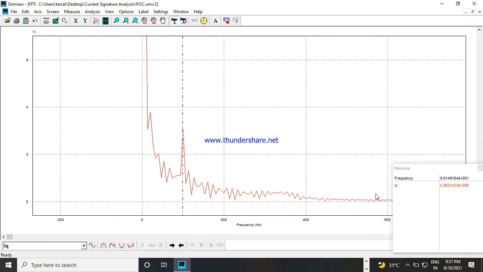But this current signature, you cannot simply take it, because if you take phase or line current, you may not be able to see that. You have to first split the phase or line current to get the torque producing component, and take the signature of that, then you can easily predict it, okay.